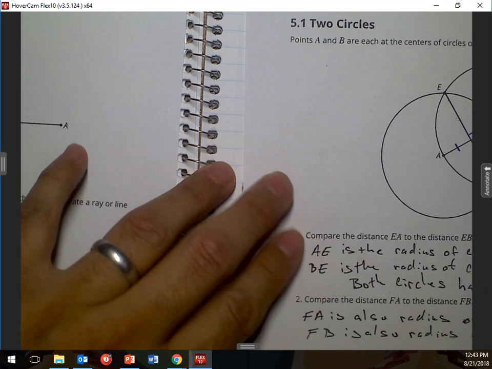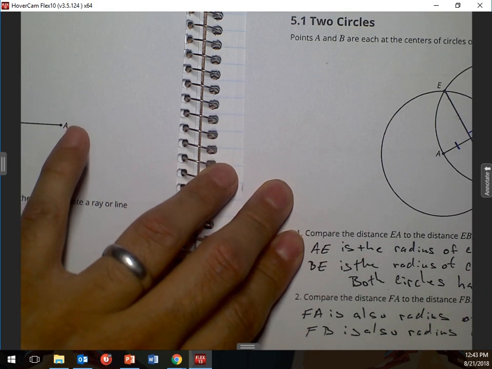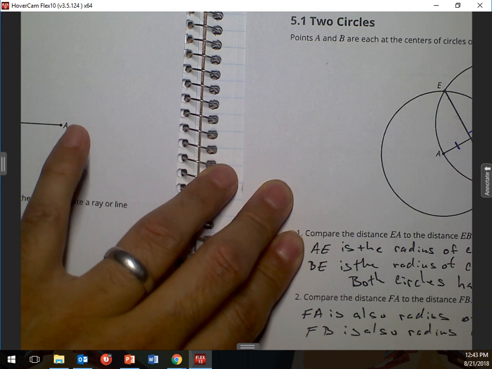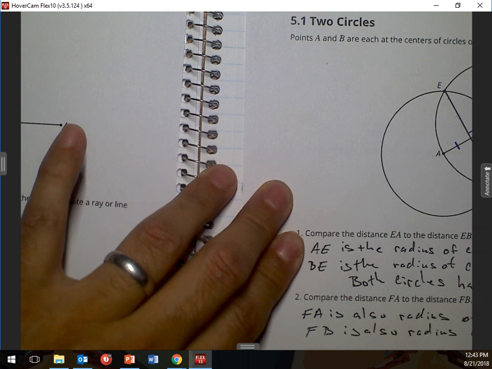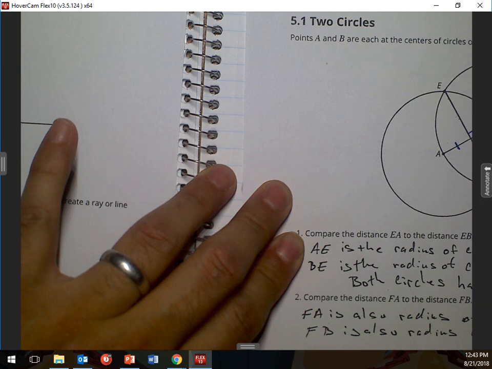So EF is the perpendicular bisector of what line did it cut in half? AB, very good.